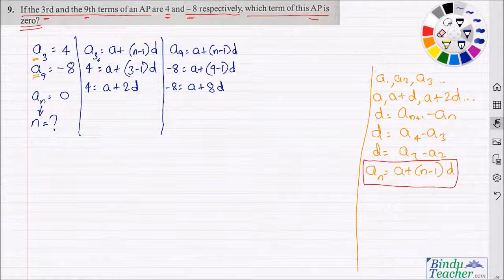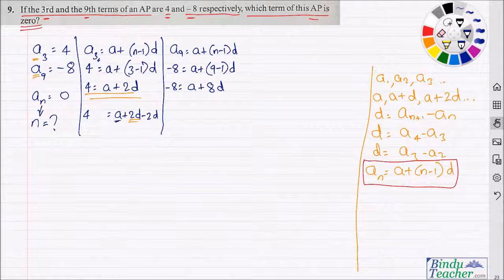First, let's focus on this equation. Now from this we can isolate the value of a. Now how can we do it? I'll write this equation 4 equals a plus 2d. My goal is to only keep a here and remove 2d. So to remove 2d, I will add a minus 2d.